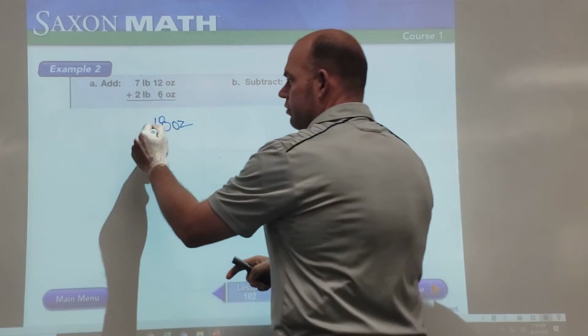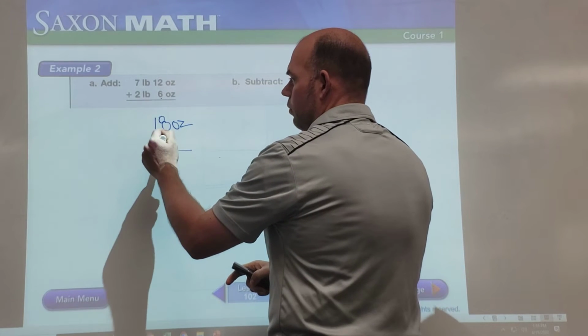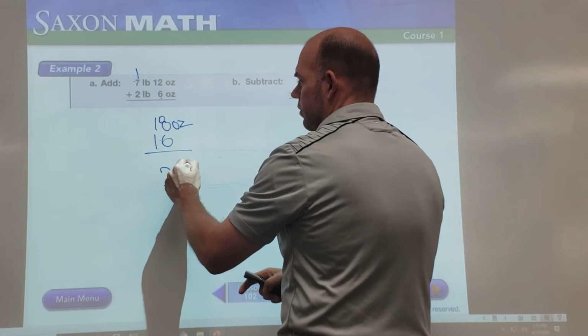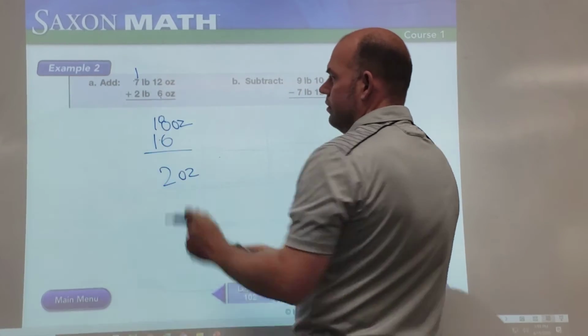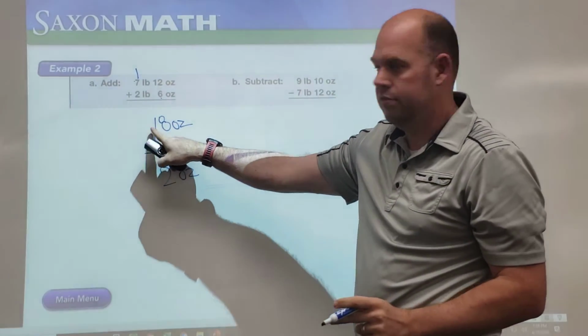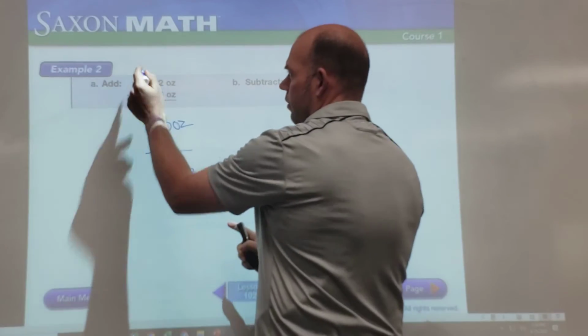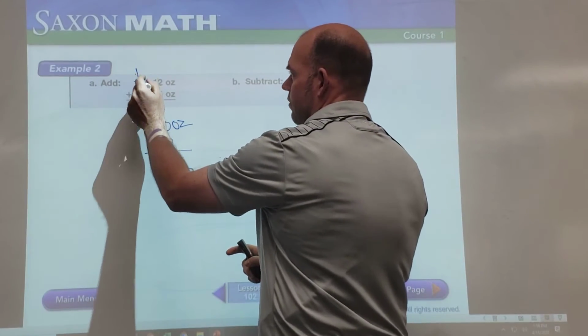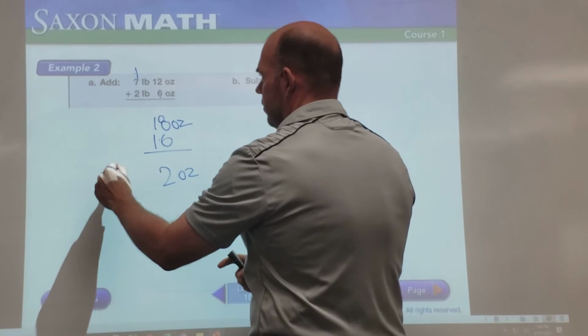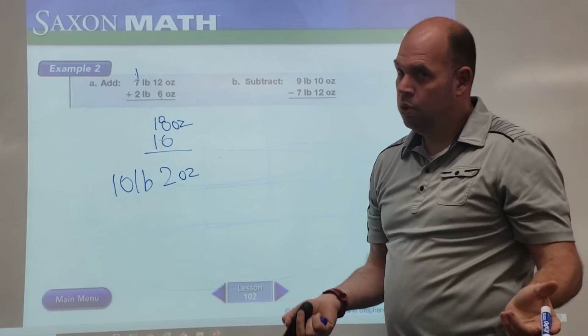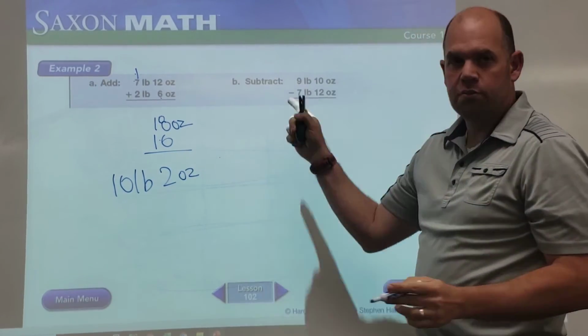So we subtract the 16, take that pound and add it up here, and we're left with 2 ounces. A pound and 2 ounces is the same thing as 18 ounces. We carry our pound, and then 7 plus 1 plus 2 gives us 10 pounds, 2 ounces. Pretty straightforward.